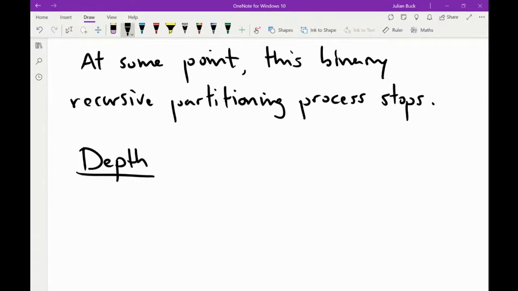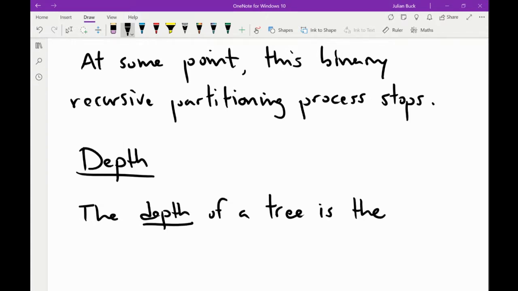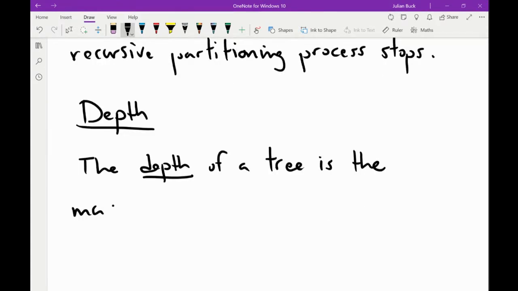So the depth of a tree is the maximum number of splitting levels.